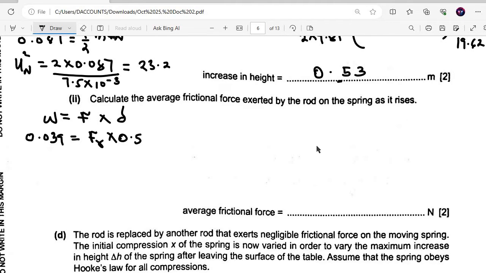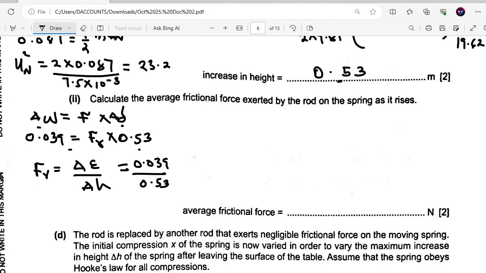So the frictional force is the change in energy over the change in height. My energy is the work done, the height is the distance. So 0.039 over 0.53 gives 0.075 newton. Perfect. That's it.